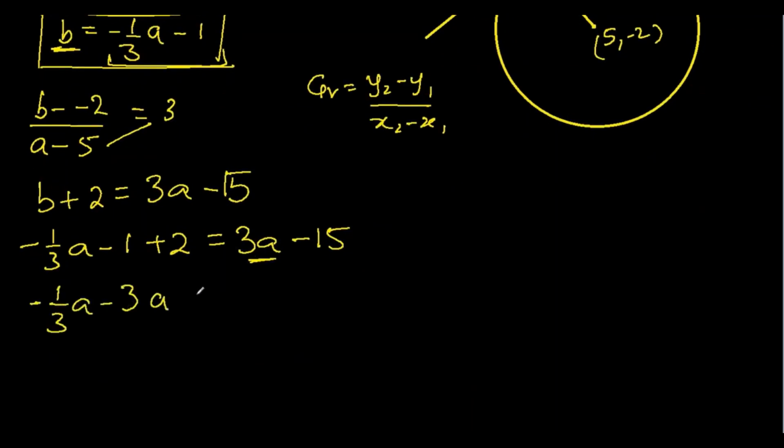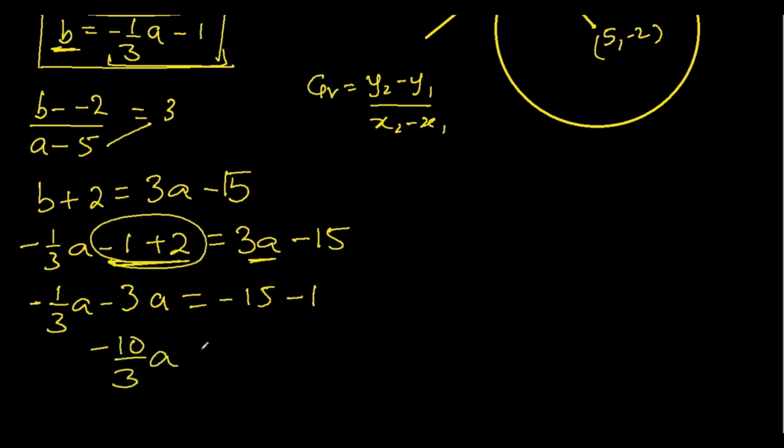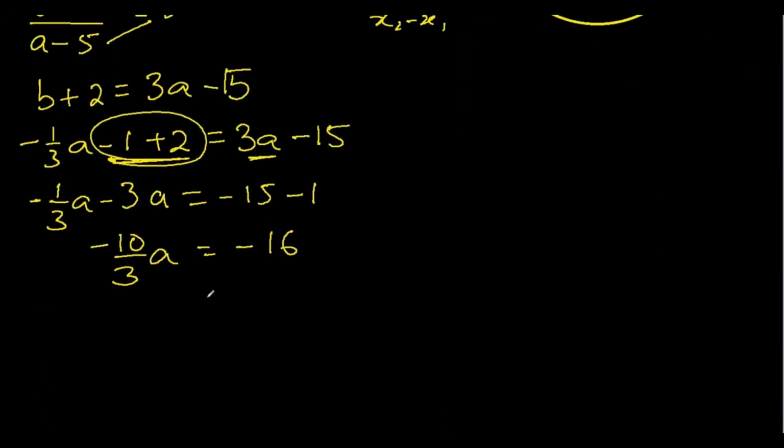Minus 1/3 a minus 3a, and these will give me +1, and +1 if I bring to the other side becomes -1 on the right side, so -15 -1. So 3 times 3 is 9, -10 over 3a equal to -16.